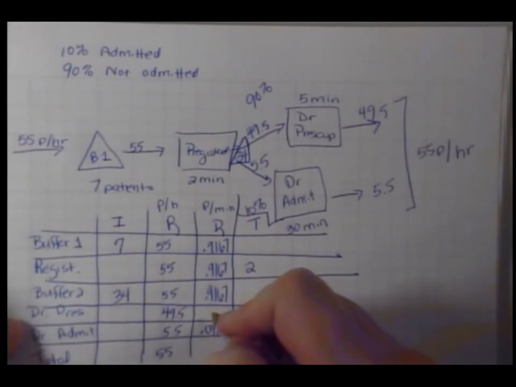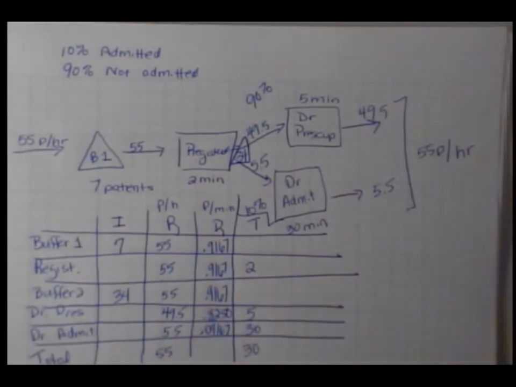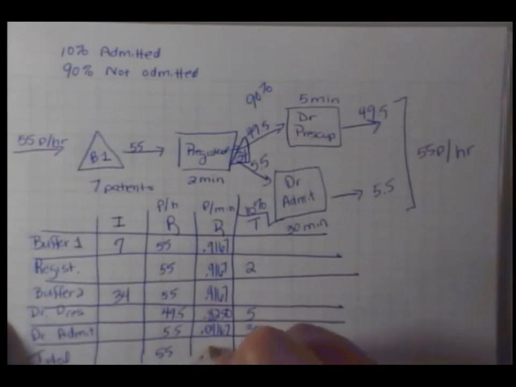And the doctor prescription is going to be 0.8250. And that's just by taking 49.5 divided by 60 and 5.5 divided by 60. And in total, it's still going to be 0.9167.